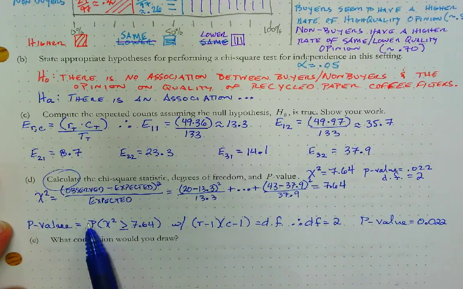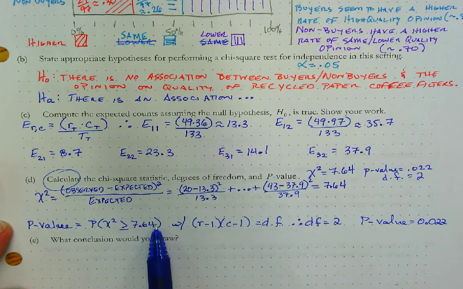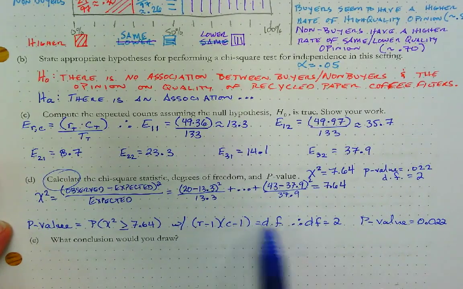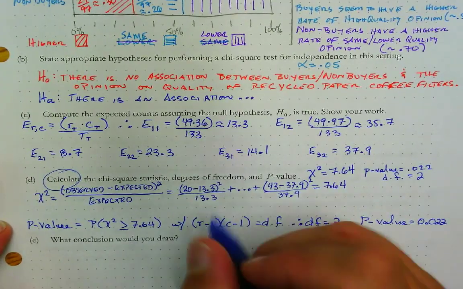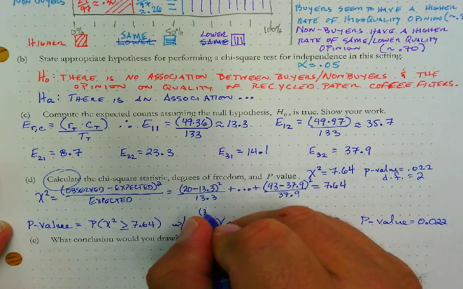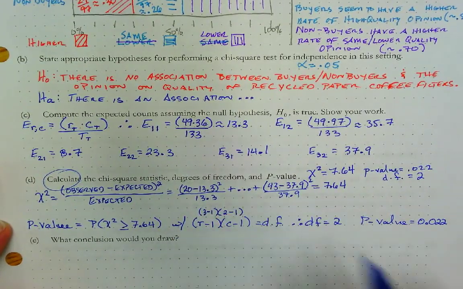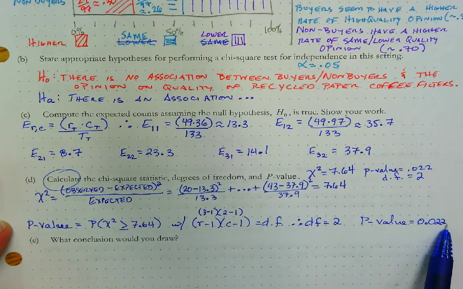My p-value is the probability that my chi-squared is at least 7.64 with row minus 1 times column minus 1 degrees of freedom. How many rows? 3. So this is 3 minus 1 times 2 minus 1, so the degrees of freedom is 2. And the calculated p-value is 0.022.